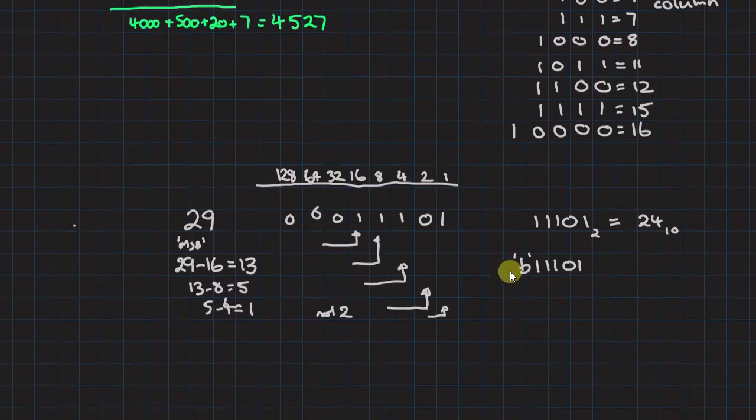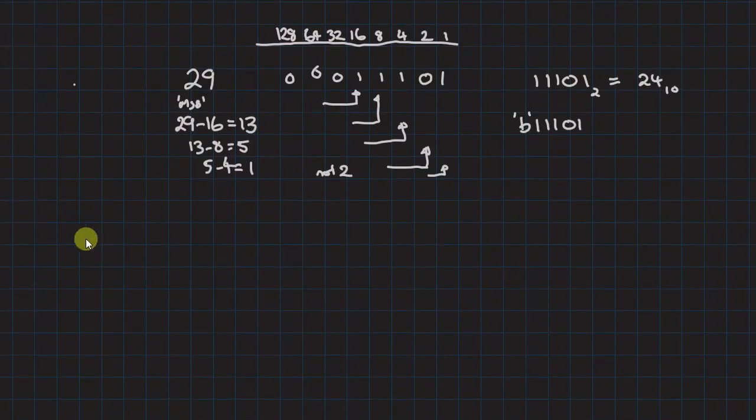Let's do a second example of this. Let's try 100, a nice round number. So 100, 128, no. 64 I can, so subtract 64 from it. And that leaves me with 36. 36 into 32, yeah, I can subtract 32 from there to give me 4. So I'm now looking for 4.